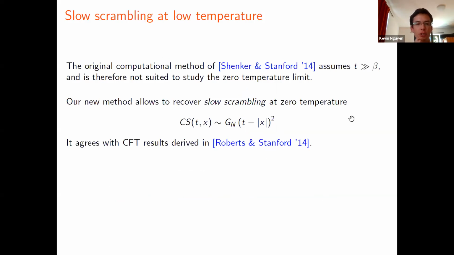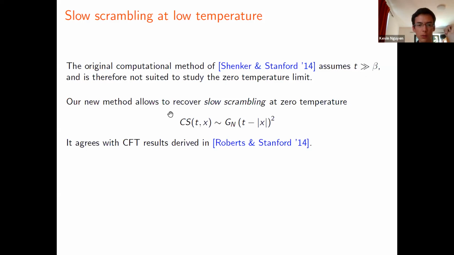What are the advantages of this new formula? Well, first of all, it's very compact, very intuitive, as you can see. But it also does not rely on the assumption that the time separation is much bigger than the inverse temperature. So in particular, you can look at the zero temperature limit of the commutator squared.